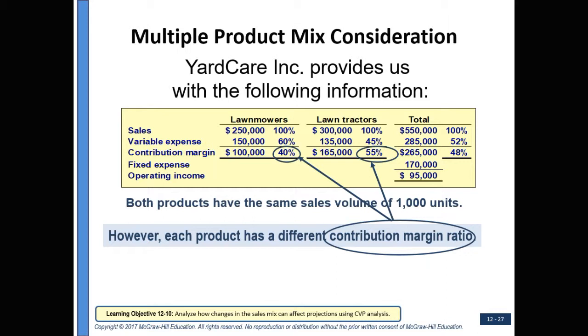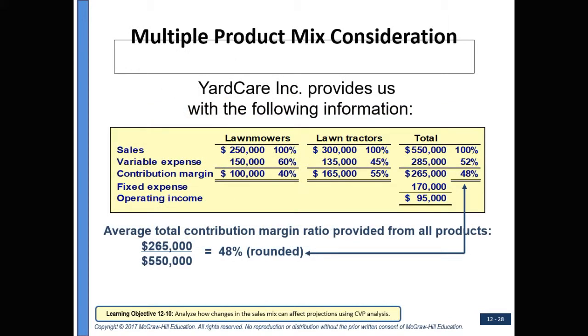But when we combine the aspects of the entire mix, we come out with a 48% contribution margin ratio. The average total contribution margin ratio provided from all of the products is 48%.